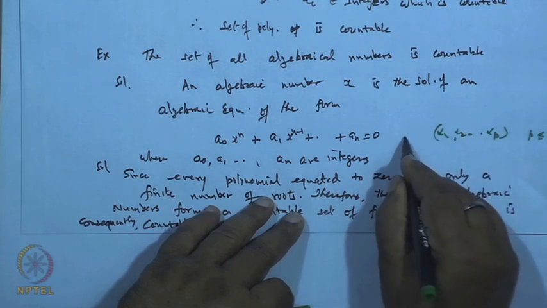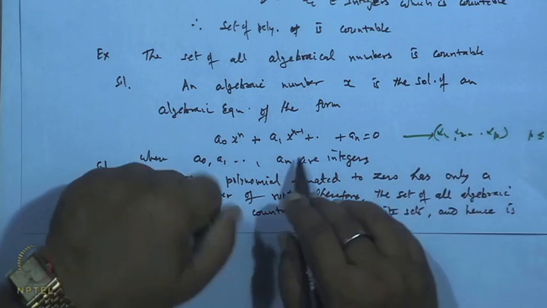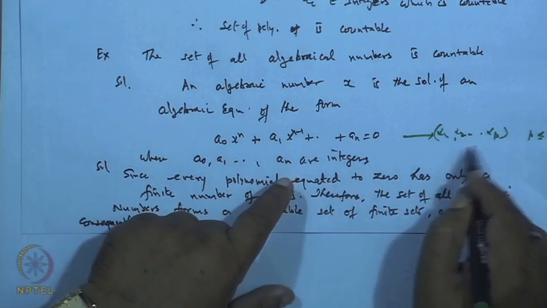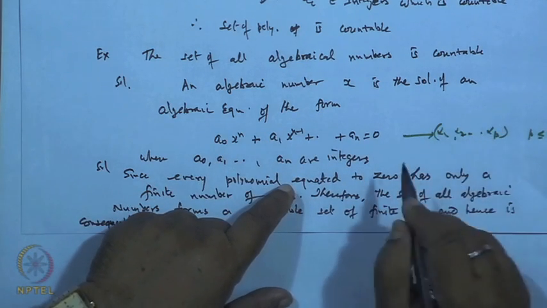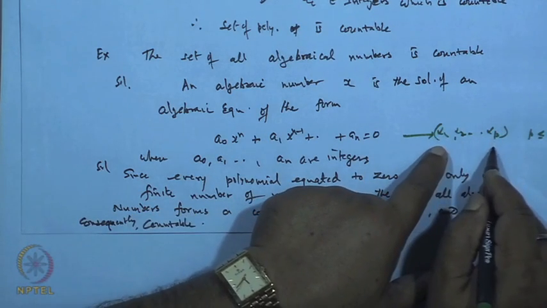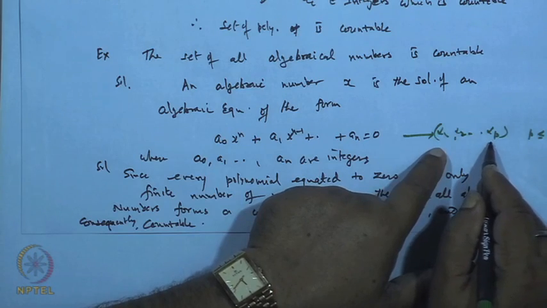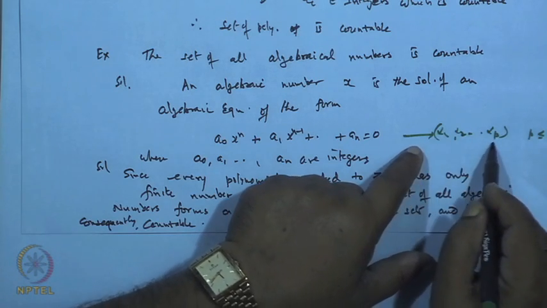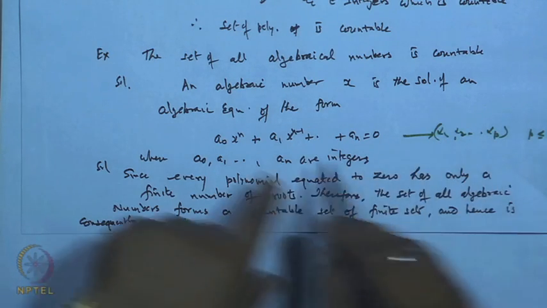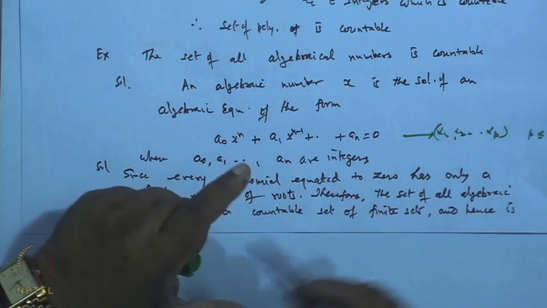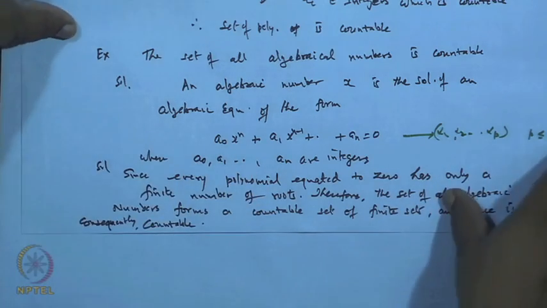The collection of all such equations means the collection of all such finite tuples of elements, which is countable. So this set will be a countable set.